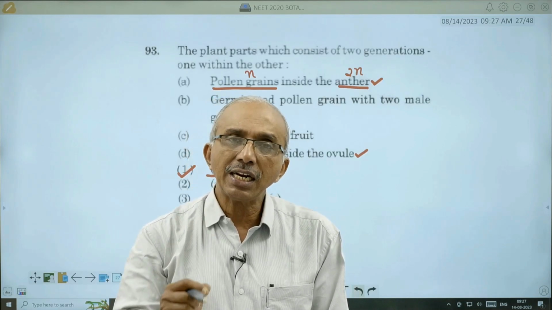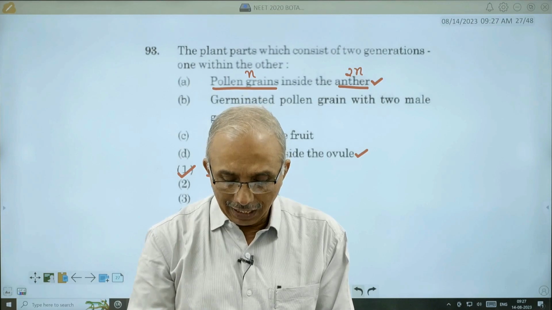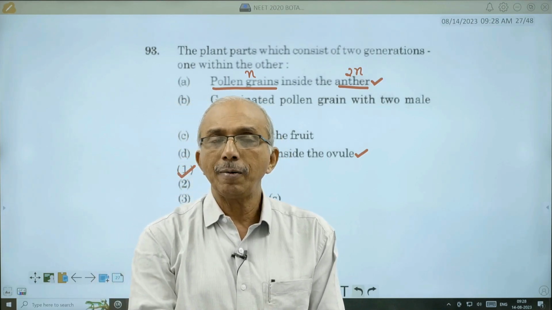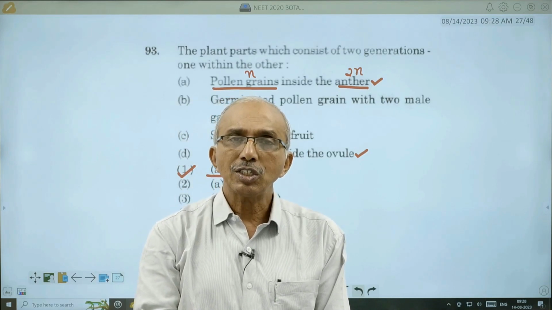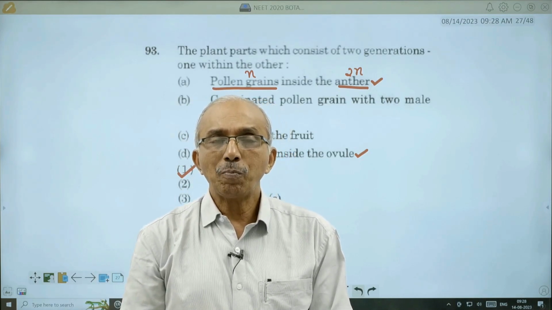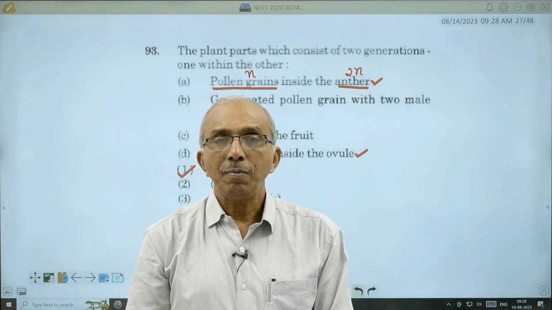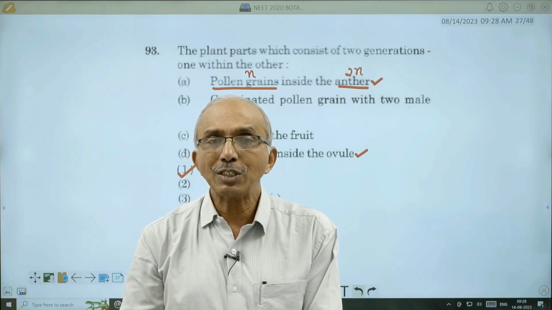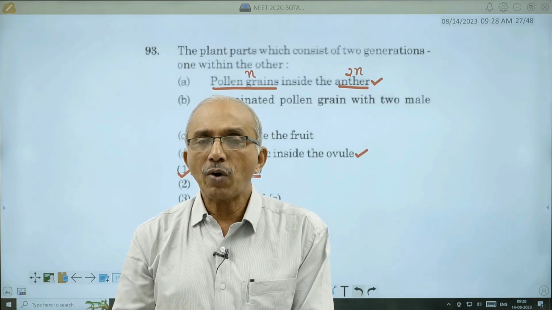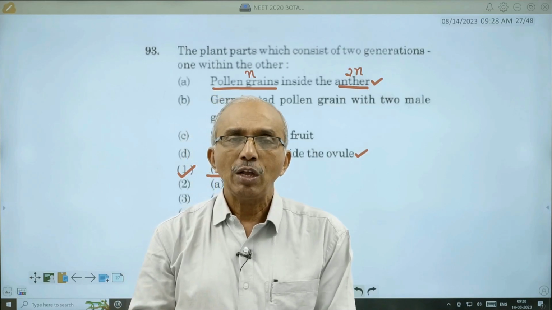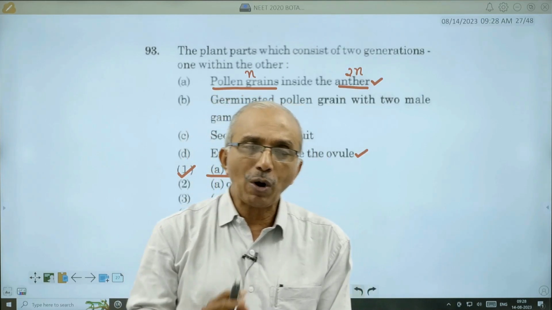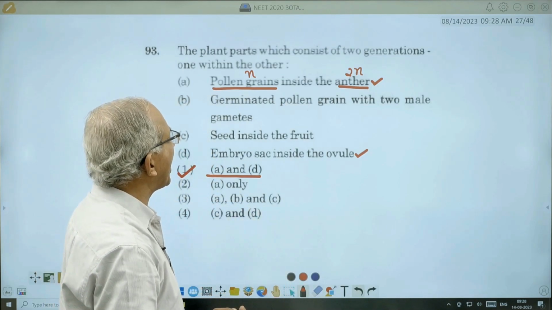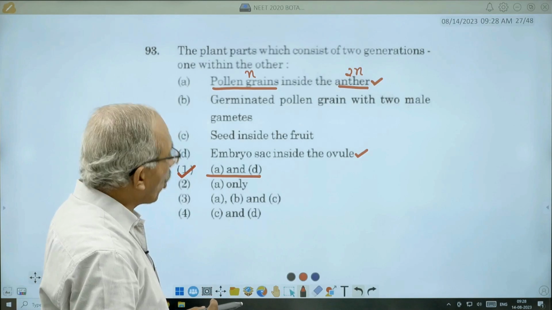Anther represents the sporophytic generation. We want plant parts which consist of two generations, one within the other. Here the anther consists of pollen grains. Anther is diploid, so it represents the sporophytic generation. Pollen grains are haploid because they are produced after meiosis from the microspore mother cell, so they represent the gametophytic generation.